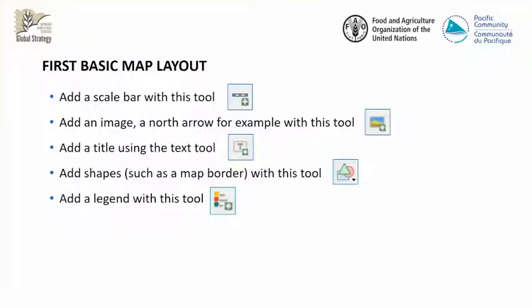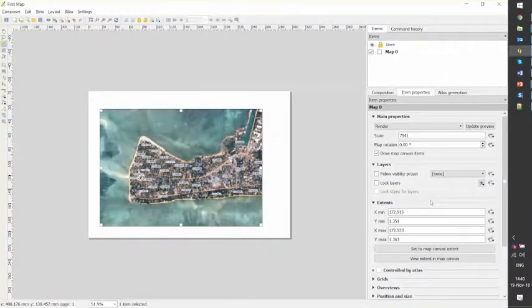These are the basic elements. You will find these controls, these buttons, on the left side of the map composer, and it works the same as the map. For example, if I want to add a text, I will go to the bottom with the small T there. When you put your cursor on top of the button, you will have this help panel telling you which tool you are choosing.